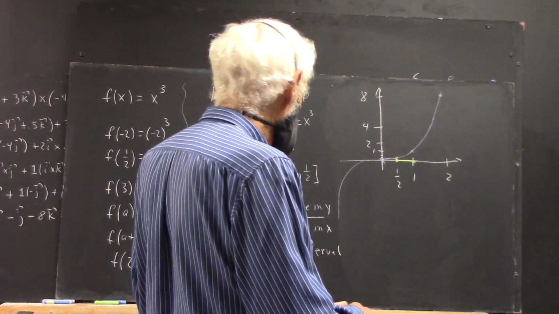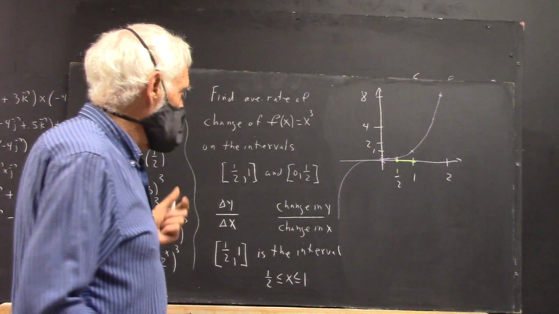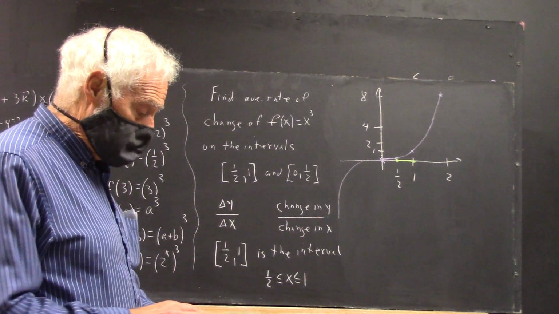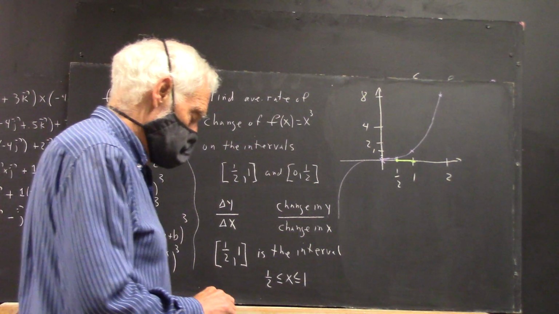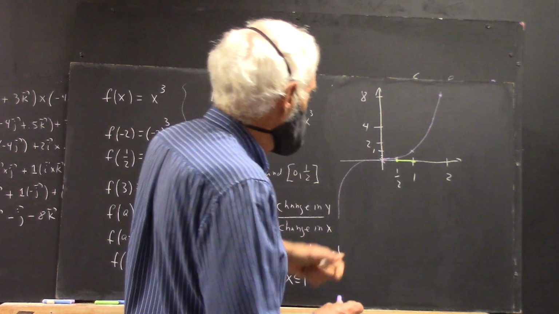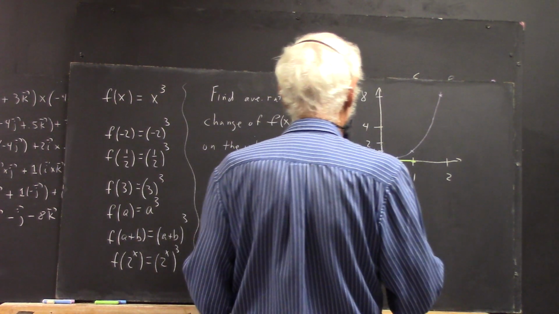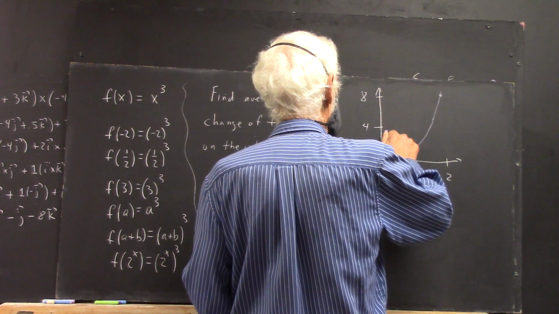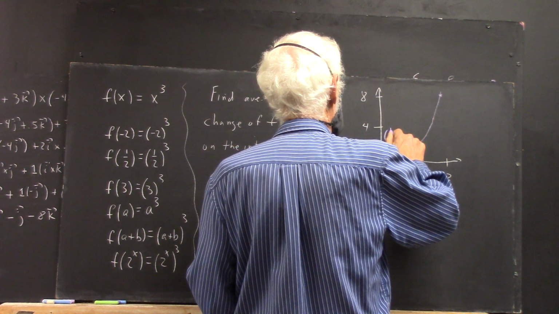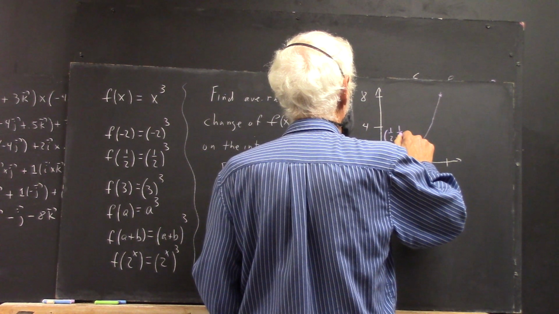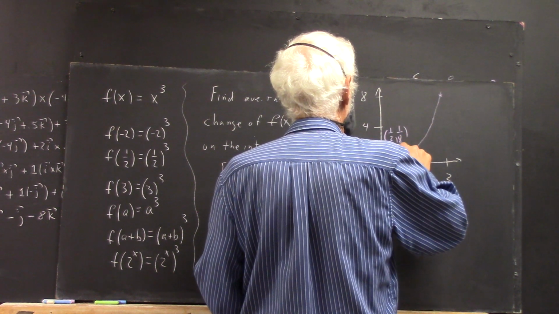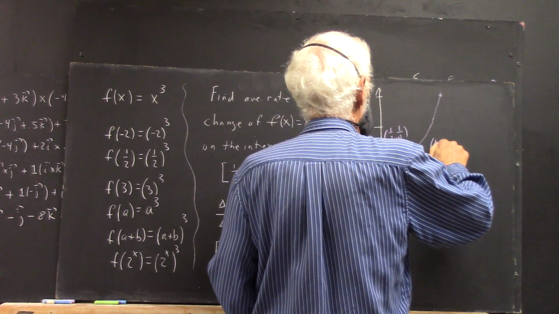Okay, now the arithmetic involved here in doing the change in y divided by the change in x. Well, you have 2 points here. You have the point one half, 1/8, and the point 1, 1.